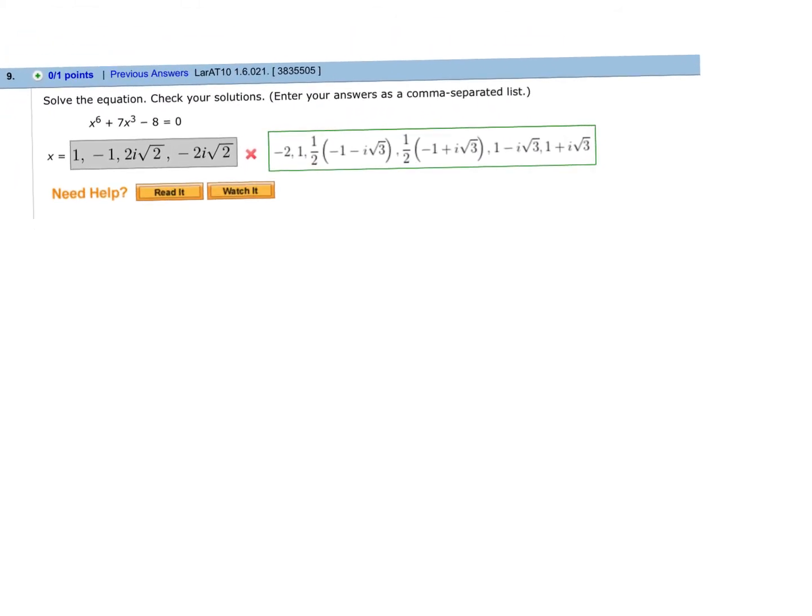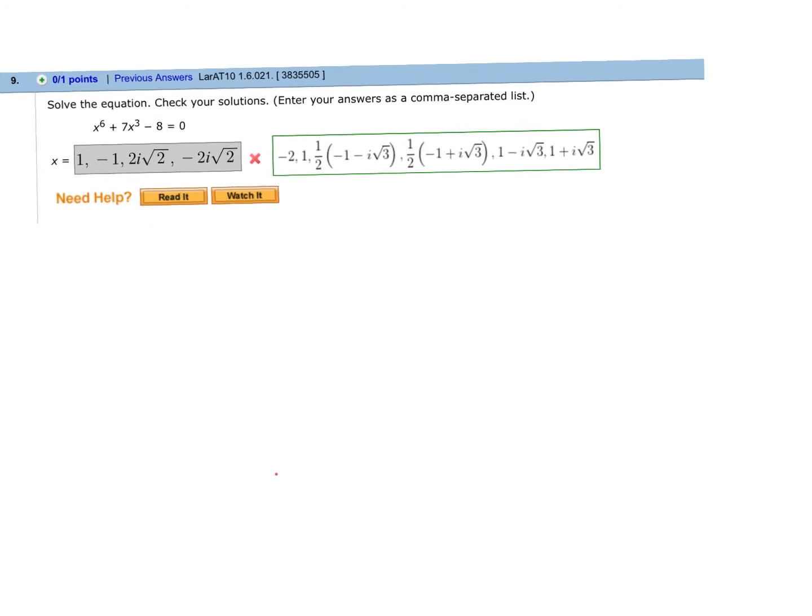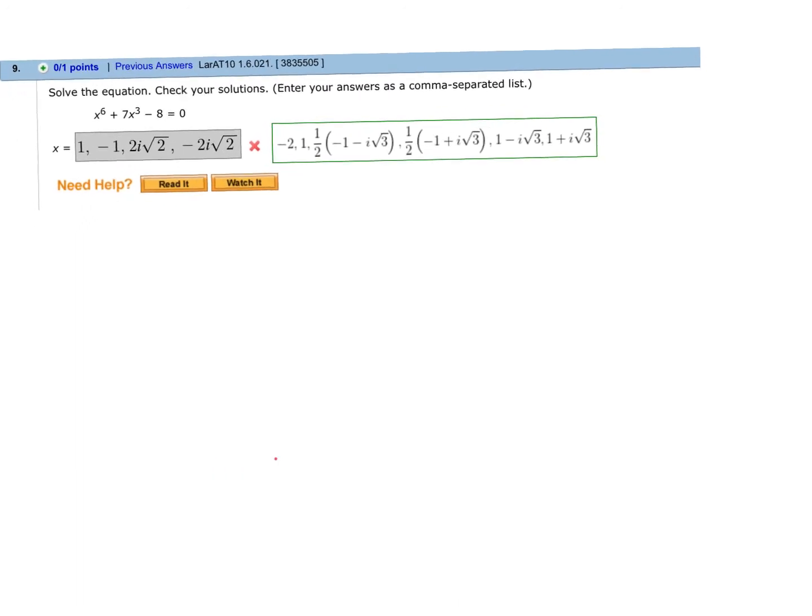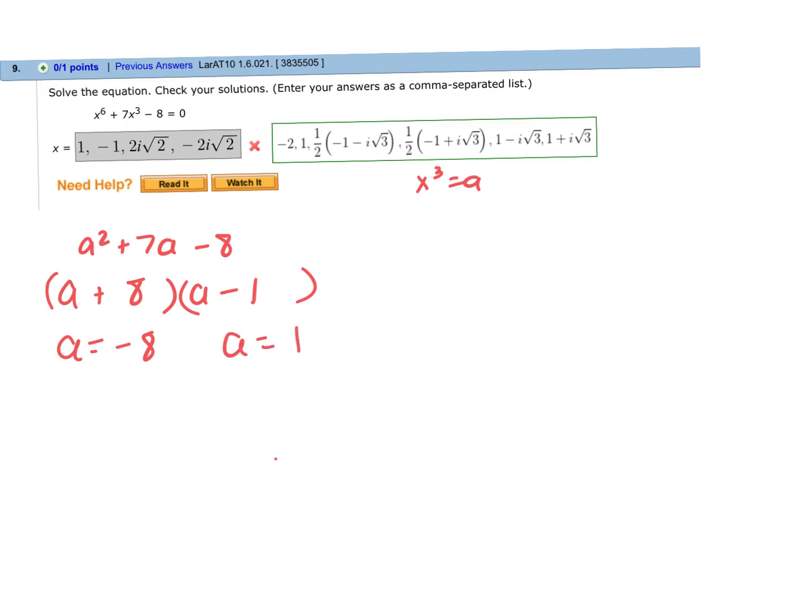All right, this one. So this one is tricky because when you use substitution, so if I do x to the 3rd equals a, I get a squared plus 7a minus 8. I factor it. And I get a equals negative 8 and a equals 1. But x to the 3rd equals negative 8 and x to the 3rd equals 1.